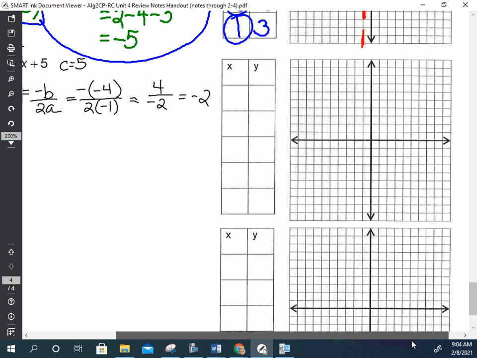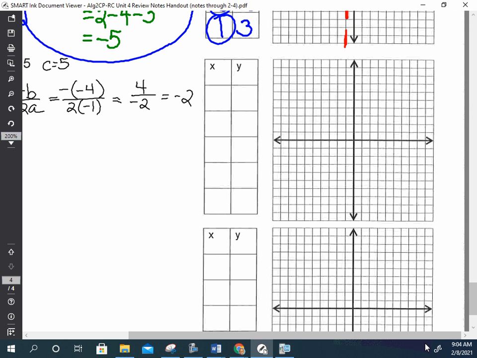Which means you go to your graph, go to the x-axis, go to where -2 is, and you draw your vertical line. Again, my line is a dotted line. You can draw your line however you like. Solid line, dotted line, doesn't make a difference.